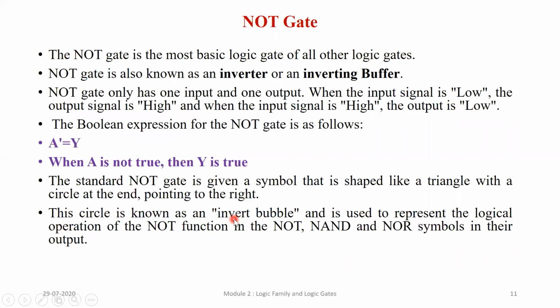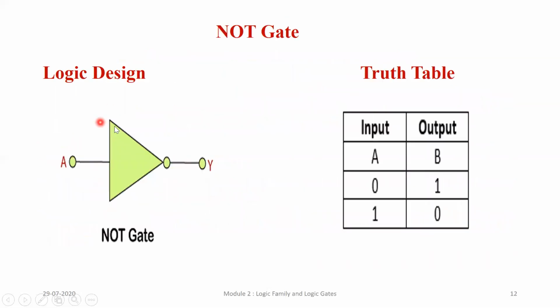That is invert. When I draw a triangle, here you can see immediately there is a bubble over here. This was not in your AND gate, nor in the OR gate. So this bubble shows you the invert operation. Means 1 becomes 0, 0 becomes 1. So I have one input A and here make the output as Y instead of B. So 0 gives output 1, 1 gives output 0.